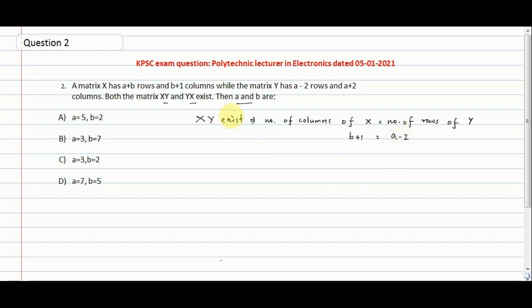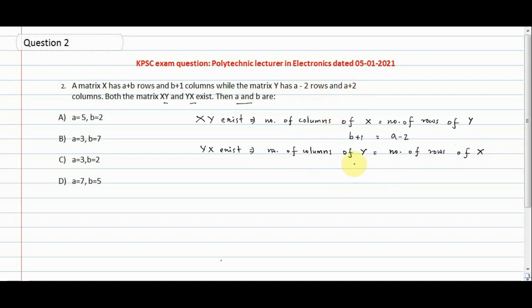Okay, and again in the question it is said that Y into X exists. Y into X exists. So what is the meaning? It means that the number of columns of Y is equal to the number of rows of X. Okay, so here, the number of columns of Y. In the question it is given that matrix Y is having A plus 2 columns.